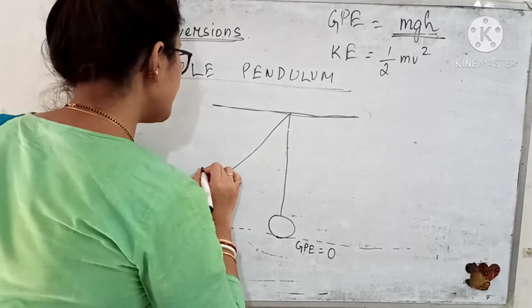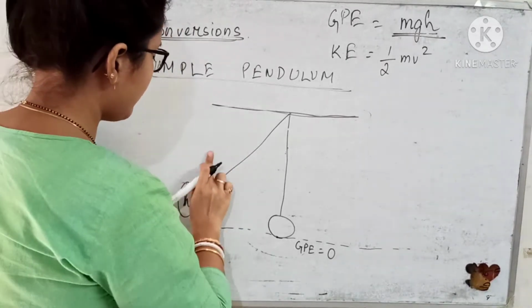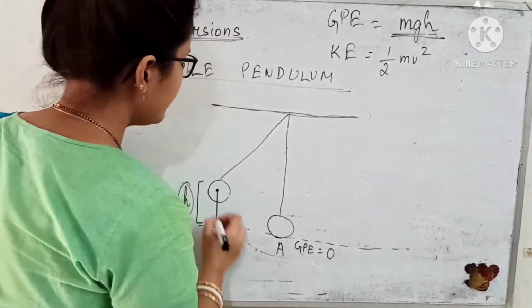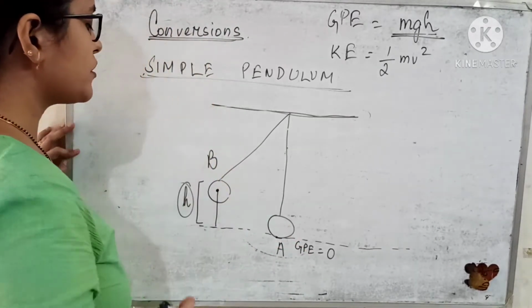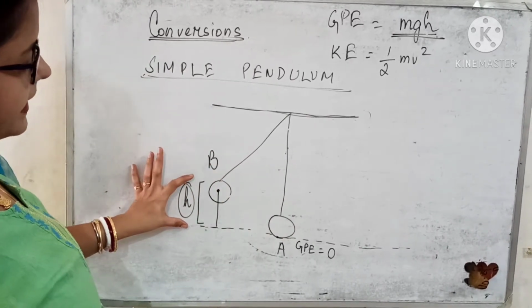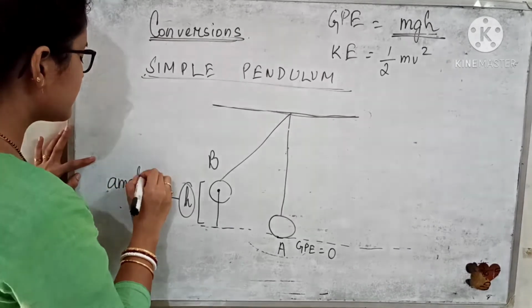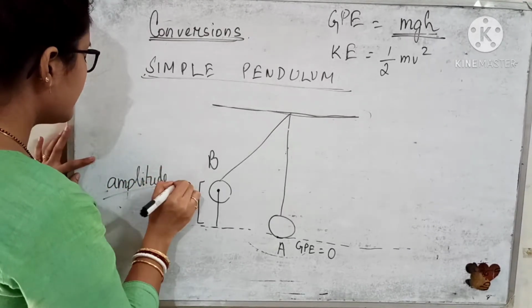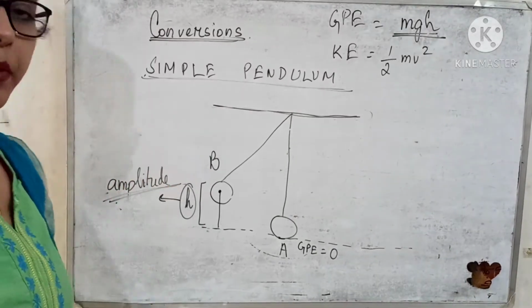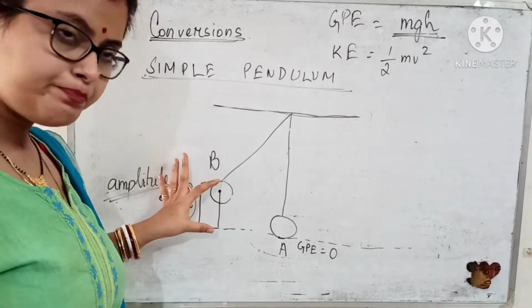So let us name this point as A. This point as B. So at B, when we raise the bob, the height that we have given is called the amplitude of the simple pendulum. That means the maximum displacement that we have given to the bob.